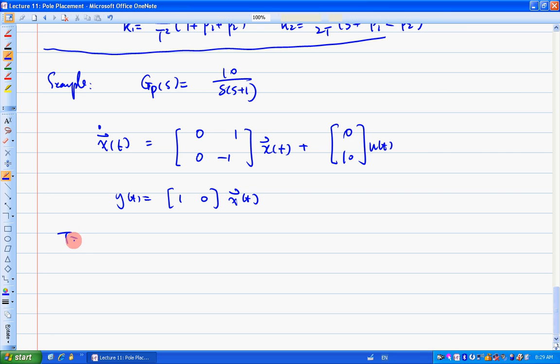Now let's choose capital T, the sampling time, at 0.1 seconds. Then we discretize this one. Once we discretize that, we end up with 0.0952 here.